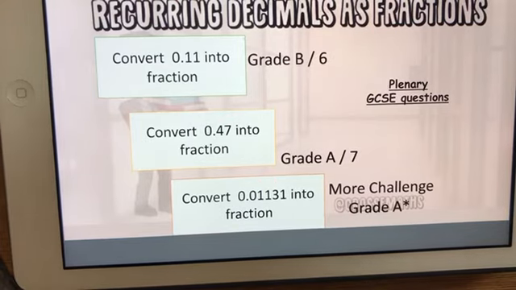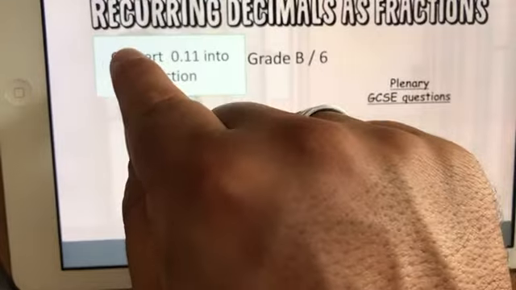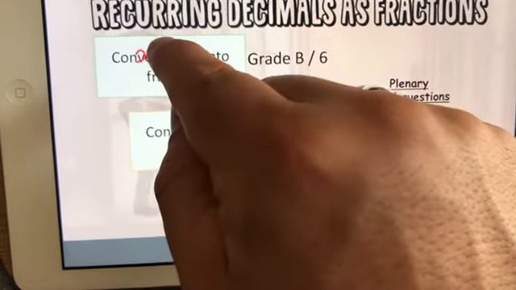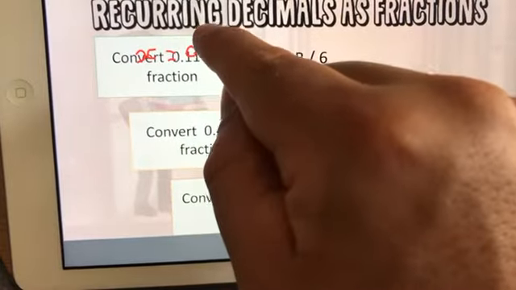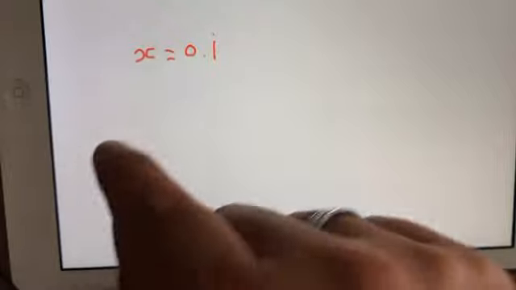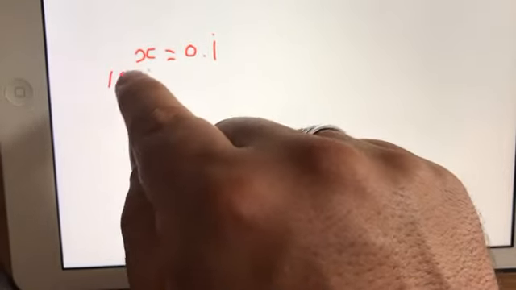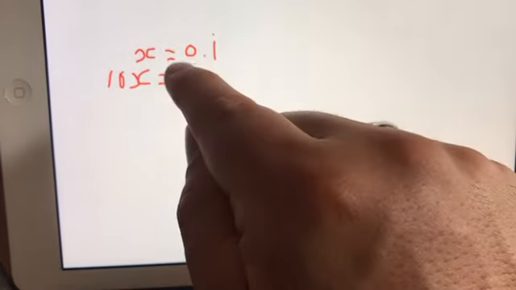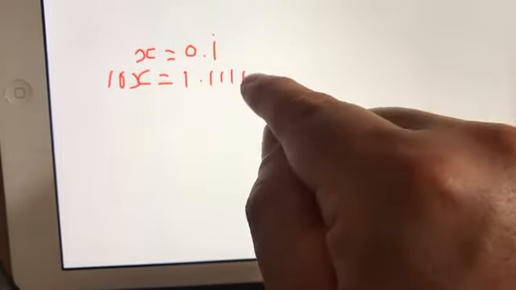Right guys, cool. So on the first one, you've got x equals 0.1. It says 1, but 1 recurring. Now I've got to get this recurring digit over the decimal point, so I'm going to times by 10. 10x equals 1.11111 going on forever.